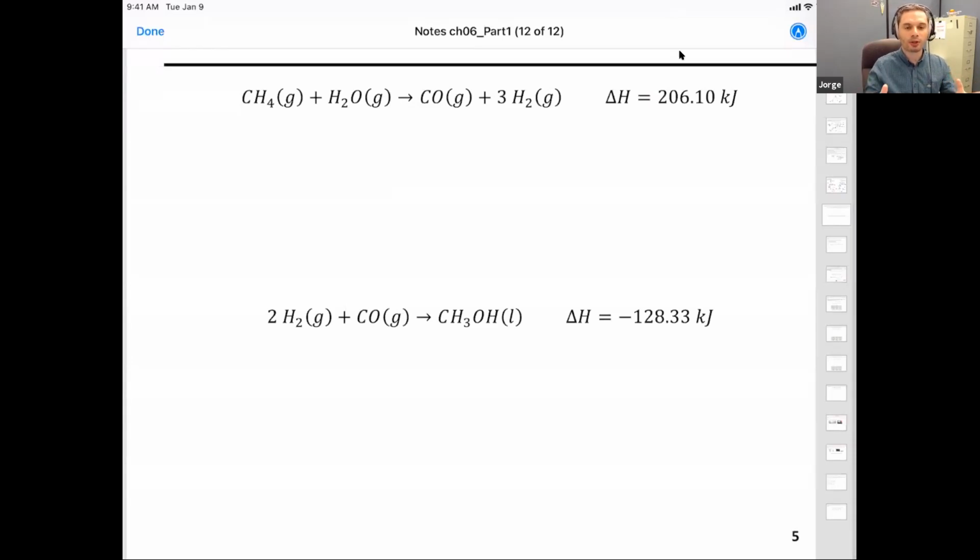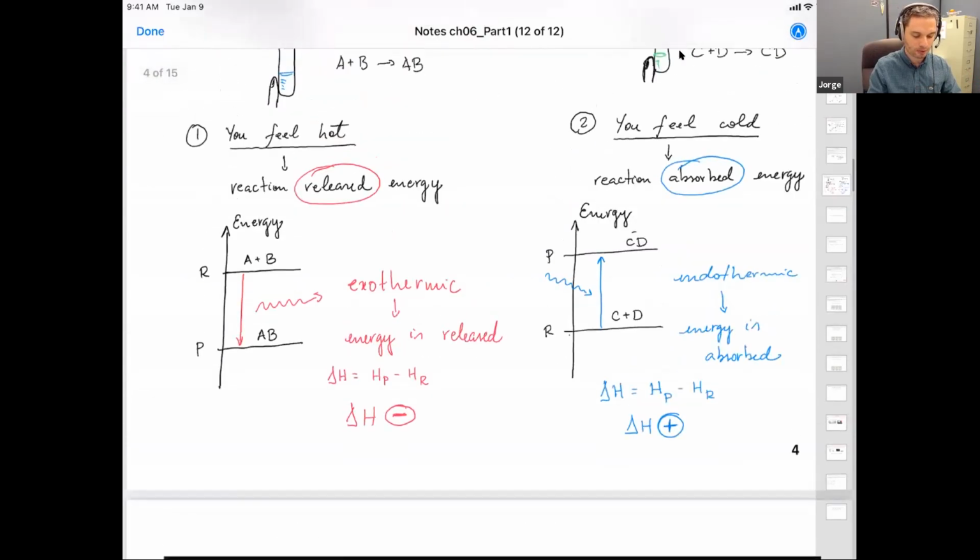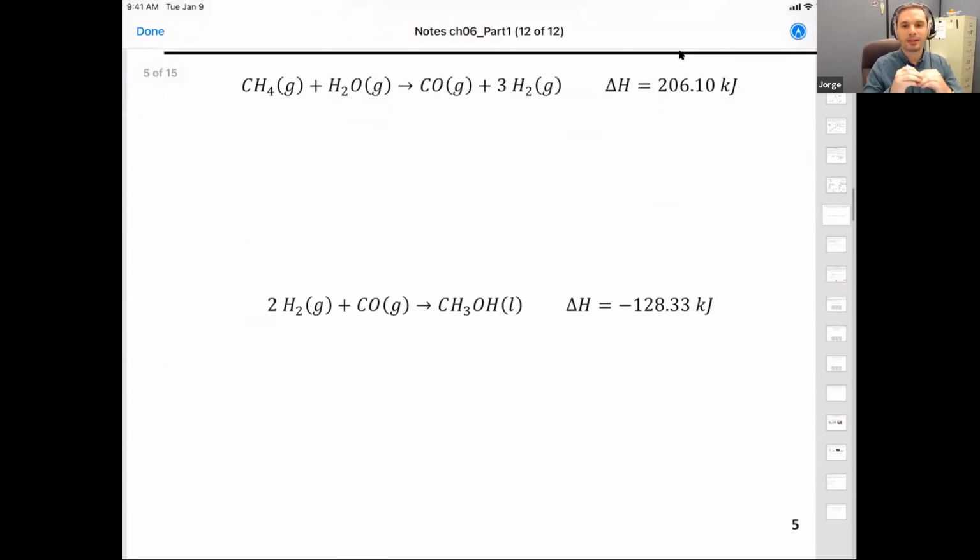And what I want you to do is to draw the energy diagram for both reactions, as we did here, and classify the reactions as exothermic or endothermic. Okay? So let me give you about 5 minutes, and then I will come back, and then we will solve those problems.